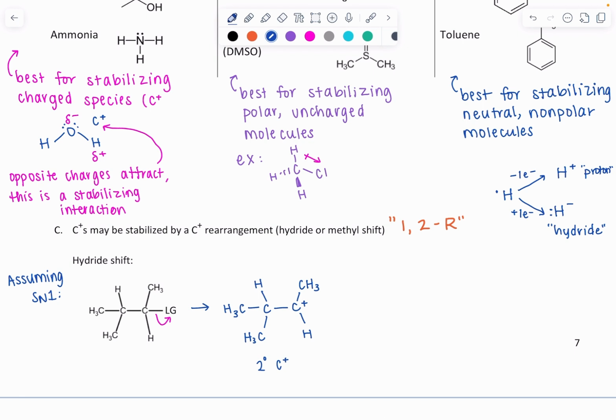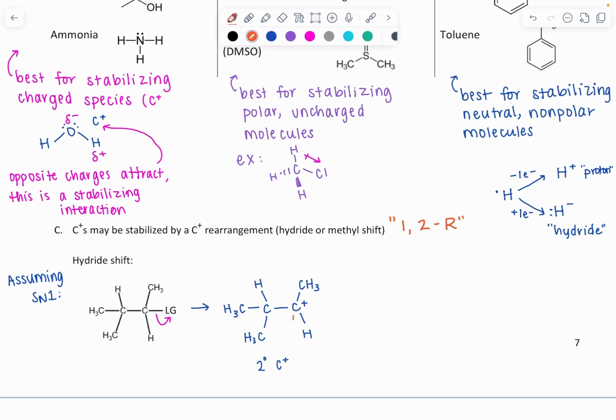Remember, this is not as stable as a tertiary or resonance stabilized carbocation. This particular reagent could go through a hydride shift to generate a more stable carbocation, from an adjacent carbon. This is why we call it 1,2-R.